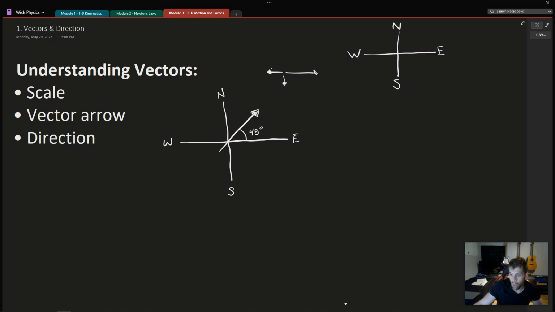So, why is this important? Because it gives exact direction or exact forces as to what's occurring.